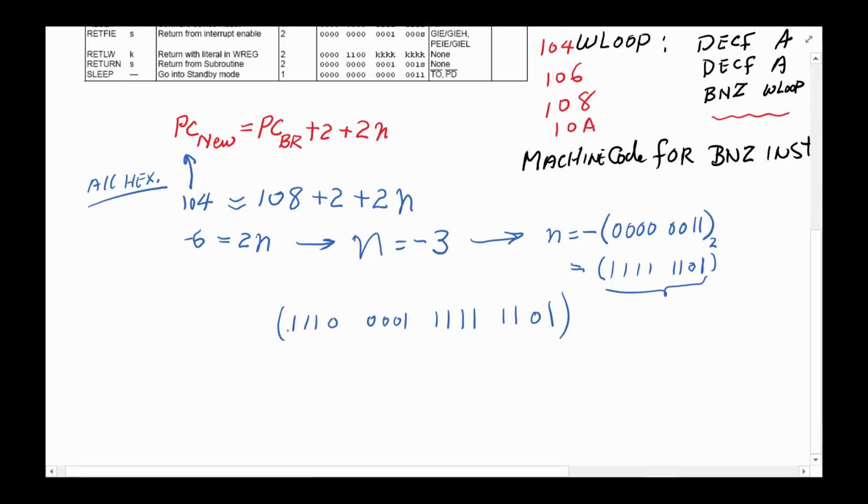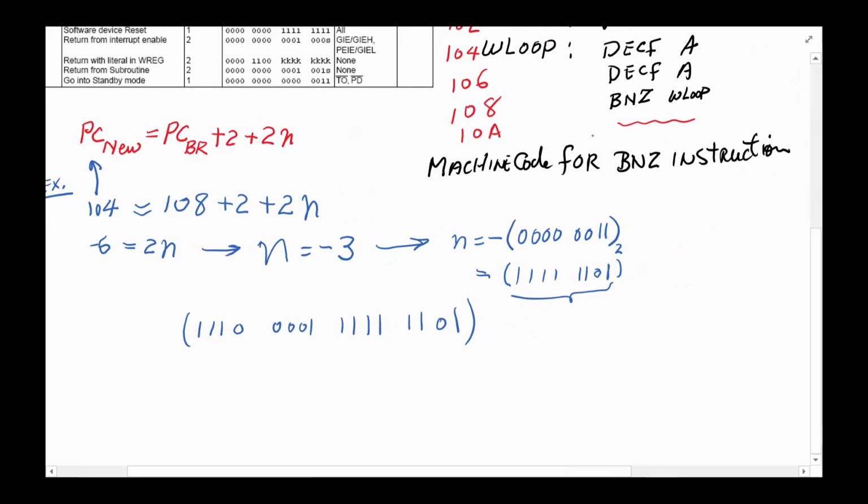So that is the machine code for this branch instruction. Although we typically write it in hex, so this is going to be E1FD. That's how we write the machine code.